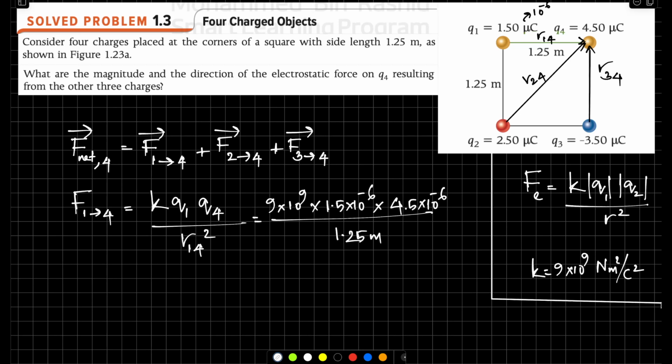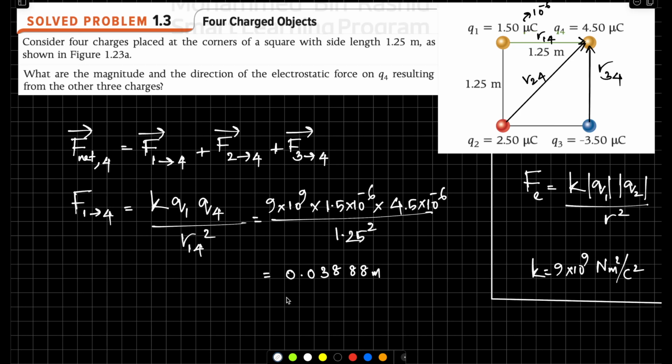If you solve it in the calculator, 9 times 10 to the power of 9 times 1.5 times 10 to the power of minus 6 times 4.5 times 10 to the power of minus 6 over 1.25 squared, the answer is 0.03888.